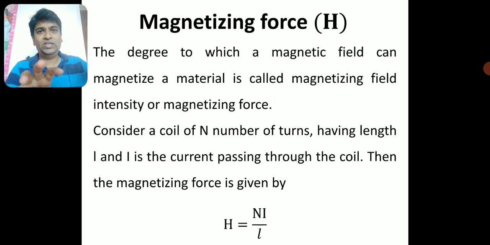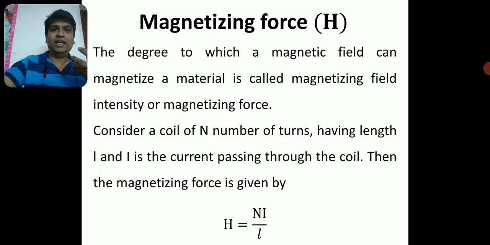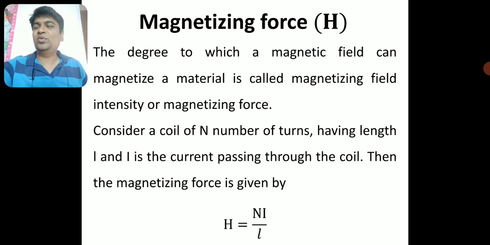Now the degree to which a magnetic field can magnetize a material is called the magnetizing field. This is actually the magnetic force. This is the magnetic field. I am looking at the magnetizing field perspective. With intensity of magnetization, I am looking at the perspective of the material which is magnetized. How much, to what extent a material is magnetized.